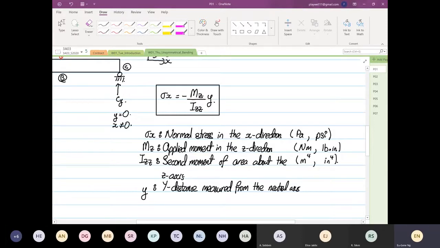Distance likewise, in meter. Now, a lot of questions have been asked about what we mean by second moment of area. Second moment of area is basically resistance to bending. If someone were to ask you what you mean by second moment of area, for this formula it is very specific: it is basically the resistance to bending.